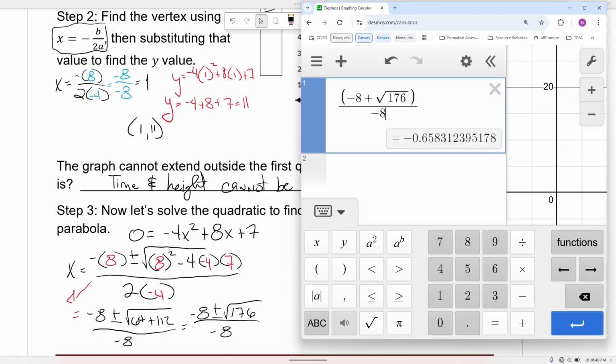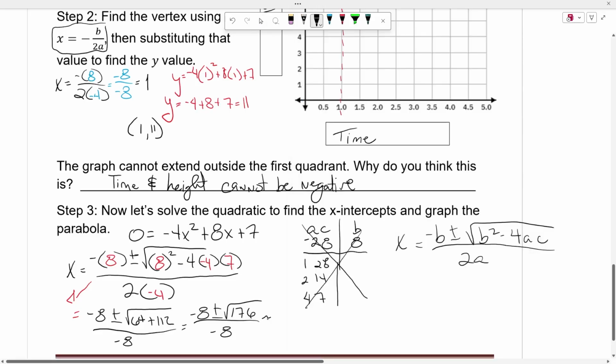That one gives me a negative answer. So I want to go back up here and change this to a minus. And now I have a positive answer of 2.65. So I come on here, 2.65.